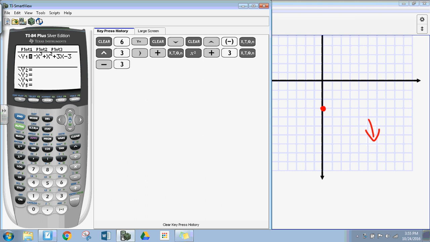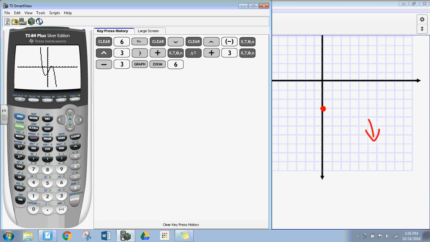So now we're going to look at the graph. Okay, this is fine, but I'm going to get it to a standard window, the zoom standard, so it looks like yours.